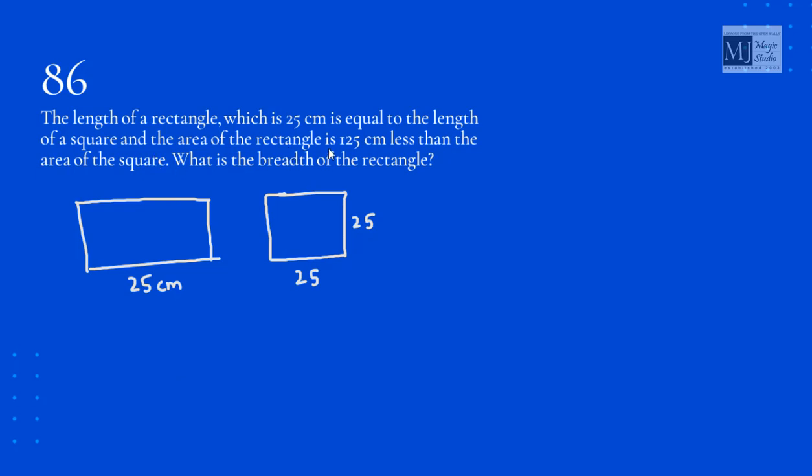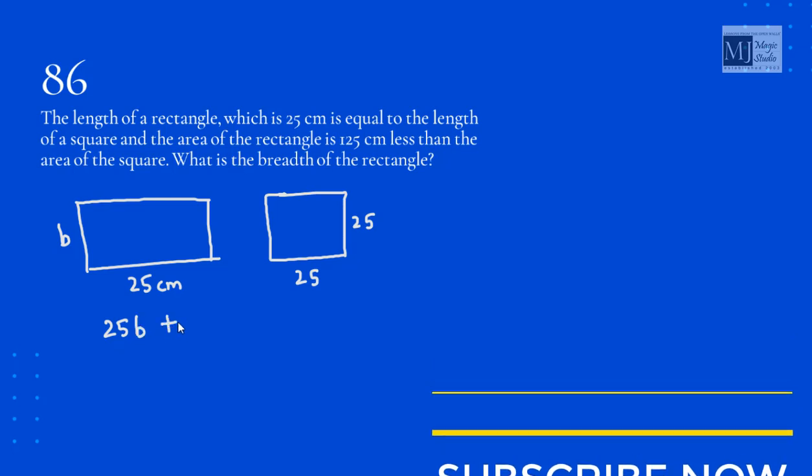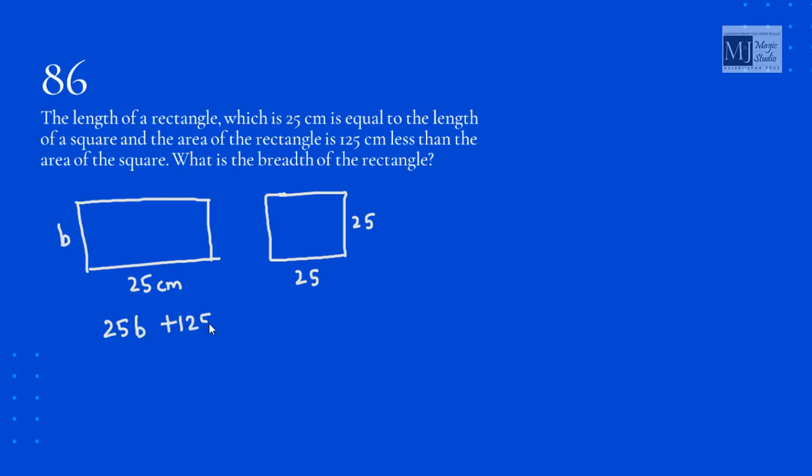And the area of the rectangle is 125 centimeter less. Let breadth be B. Area of rectangle is 25B, which is 125 centimeter less than the area of the square. Area of a square is 25 into 25, that is 625 square centimeter.